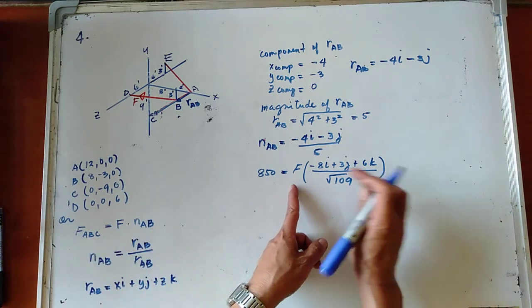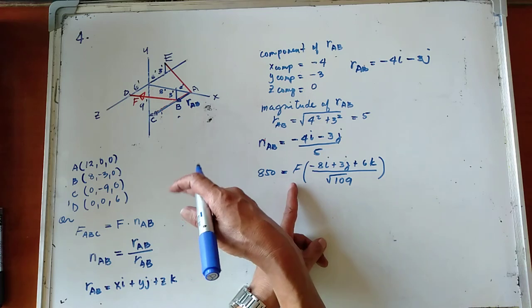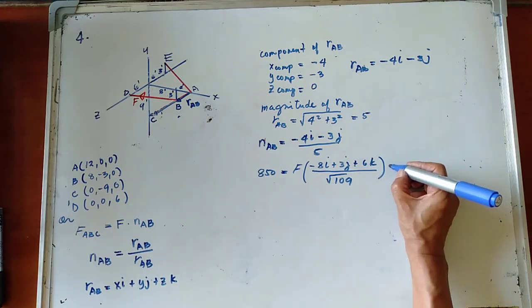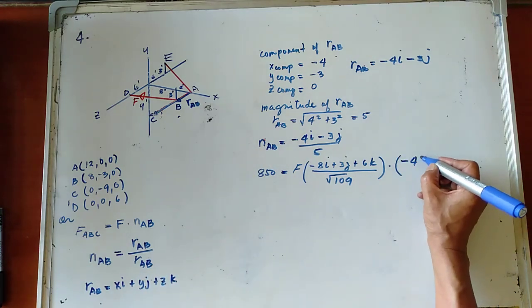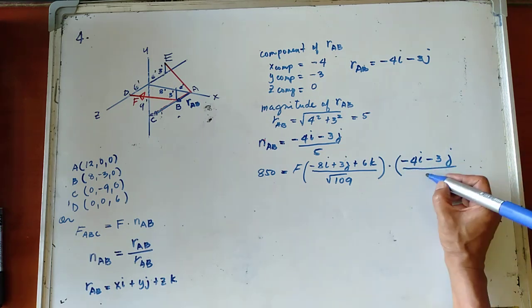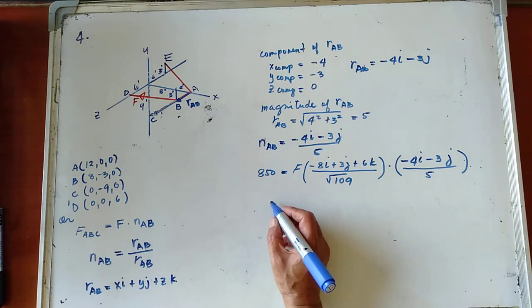So in the previous position vectors that we got, this is your vector F, and the unit vector AB is minus 4I minus 3J all over 5.